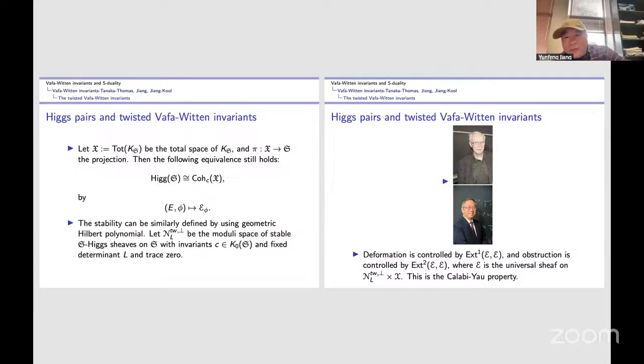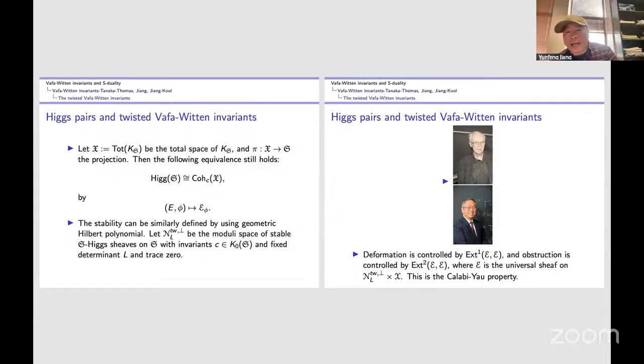So the deformation theory and the obstruction theory of this moduli space N_L^{\perp} is actually locally controlled by the Ext groups, Ext^1(E,E) or Ext^2(E,E), where E is the universal sheaf. So this is really the Calabi-Yau picture. And also you can show, because it is Calabi-Yau, the dualizing sheaf is trivial, right?